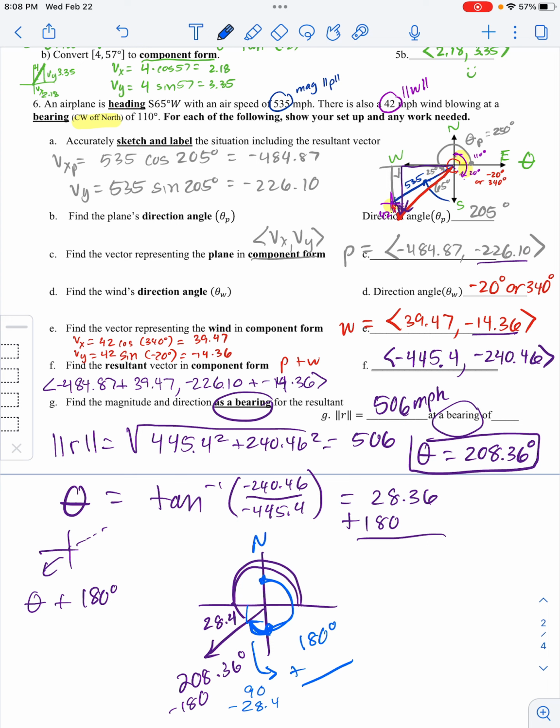I'm just showing you a way. I'm finding out that this is 61.6 degrees. So this is going 180 plus an additional 61.6. So if I add that 180, I'm coming away with 241.6 degrees clockwise off north to get to that same spot. And that's what's going to go in here.